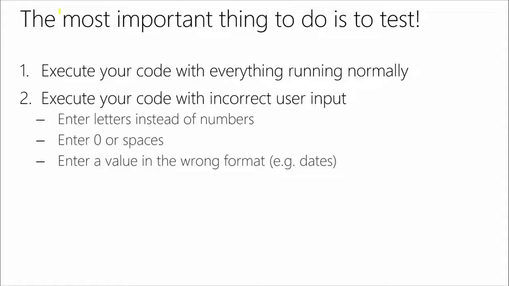Go in and test the fringe cases. Yeah, exactly. Enter a value in the wrong format. Enter spaces. Try to break it. Yeah, well, but not too hard. Try to enter things that you think a user might do. They might forget to enter a value at all and just hit the enter key. See what happens. So try typical things you think a user might do. That's the second thing to test.